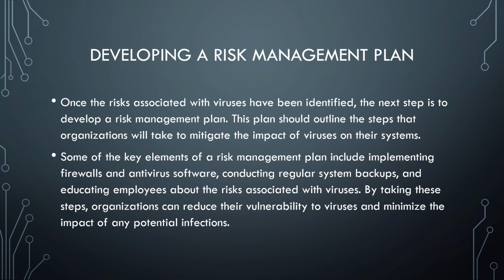Some of the key elements of a risk management plan include implementing firewalls and antivirus software, conducting regular system backups, and educating employees about the risks associated with viruses. By taking these steps, organizations can reduce their vulnerability to viruses and minimize the impact of any potential infections.